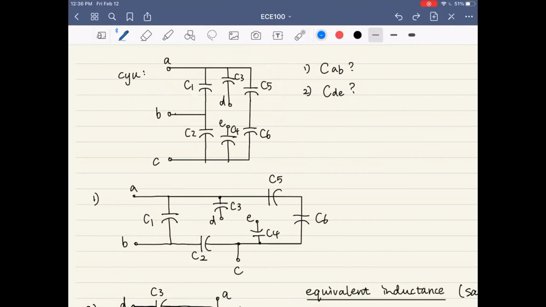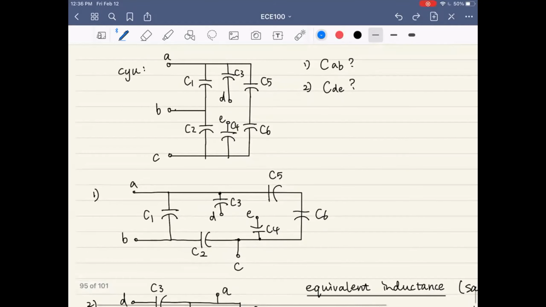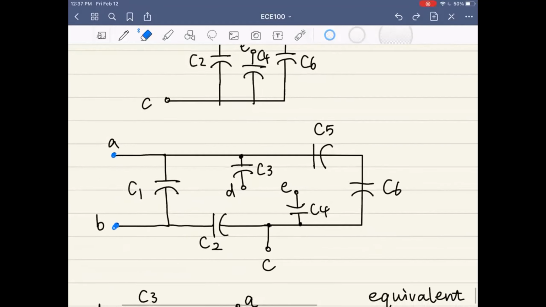The best practice is to redraw the circuit.